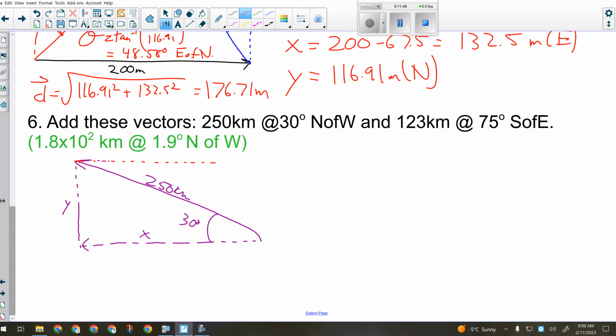It's going to be a little bit angled, but I would say that angle would be 75 degrees south of east. So this would be X, this would be Y, and that would be 123 kilometers, sorry. I could have made it a little bit longer, but I'm pretty sure it's not going to get down below the first one at that length.